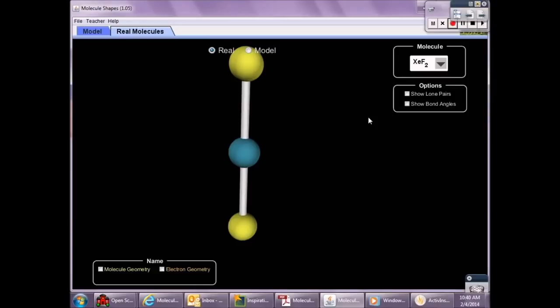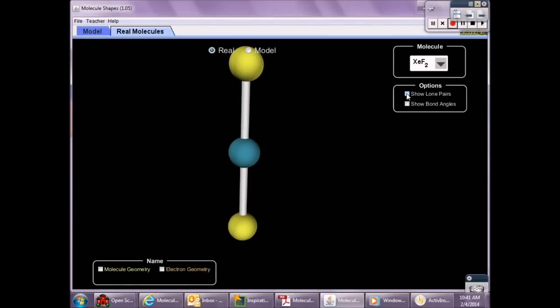What is the electron domain? Let me put those back. What is the domain? Trigonal bipyramidal. You have 5 things around it. Now I take those off. You don't have to see them. What is the molecular geometry?